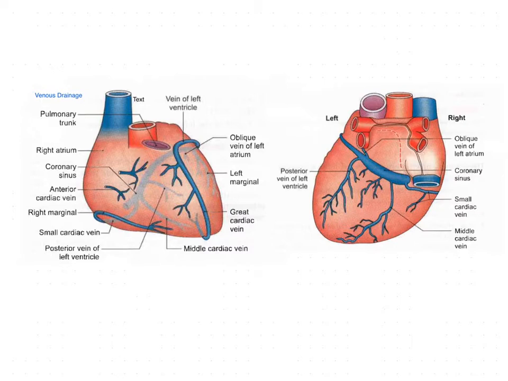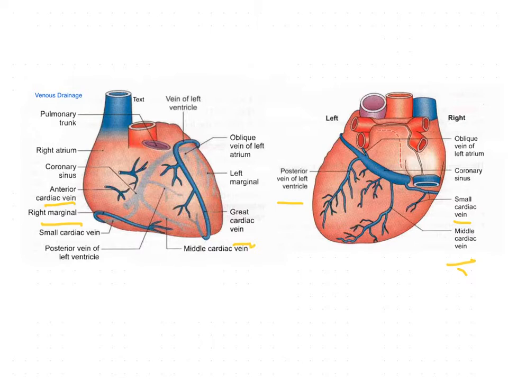The veins of the heart are numerous, and the common veins of the heart are the great cardiac vein, the middle cardiac vein, the small cardiac vein, the posterior vein of the left ventricle, the right marginal vein, the anterior cardiac veins, and the venae cordis minimae.